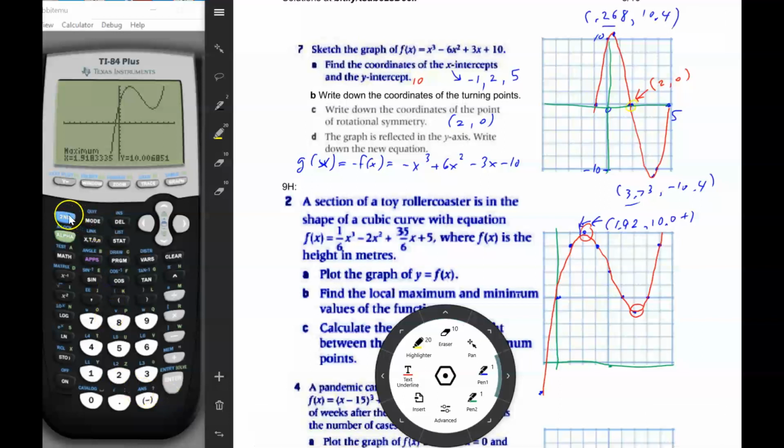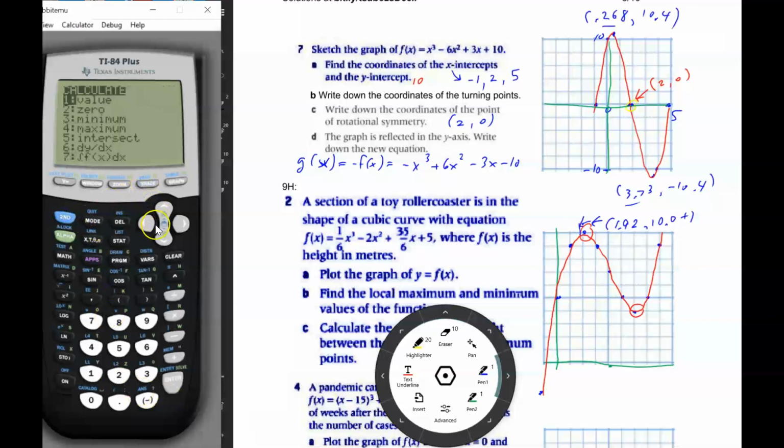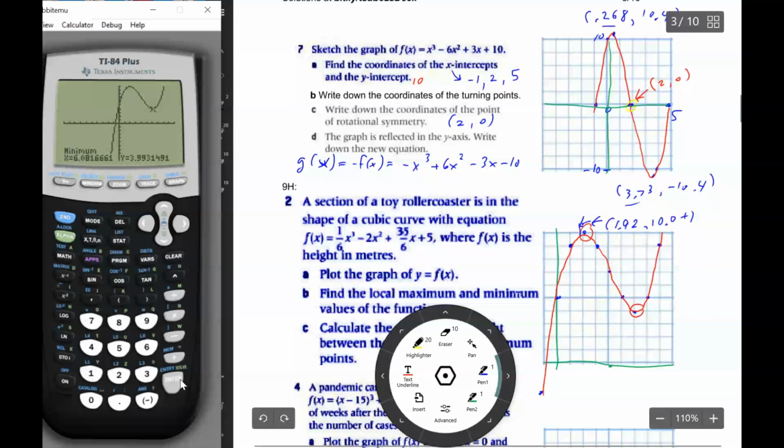All right. Then I'm going to look at the minimum. So second calc minimum, number 3. The left bound, I'm going to put to the left of the valley. The right bound, I'm going to put to the right of the valley. Guess. So the minimum is 6.08 comma 4.